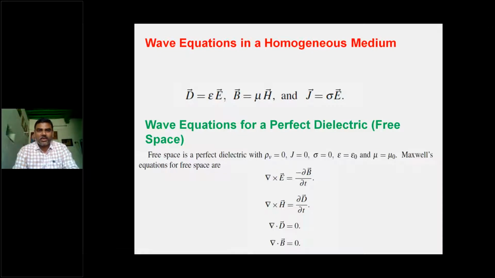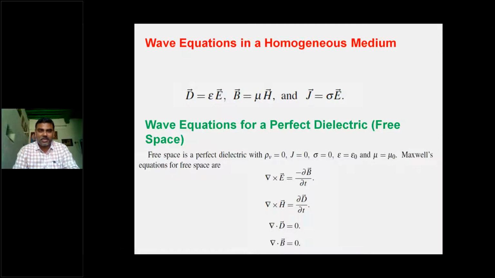Now come to the wave equations for a perfect dielectric medium. One example of a perfect dielectric medium is free space. Perfect dielectric means the charge density is 0, conductivity is 0, and current density is 0. We can call the permittivity and permeability the free space permittivity and permeability, meaning the relative permittivity and relative permeability values are 1.